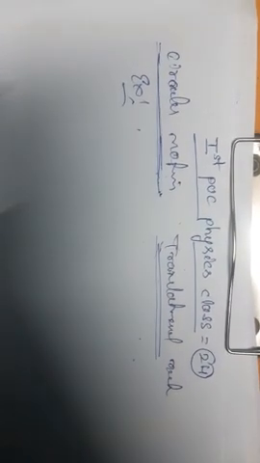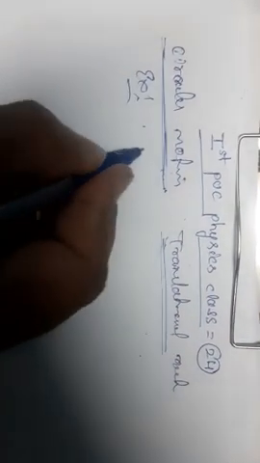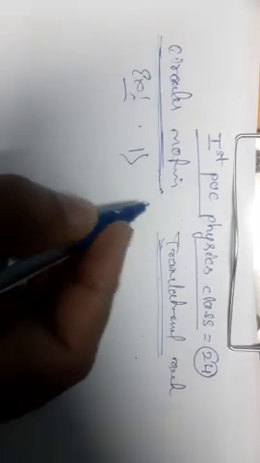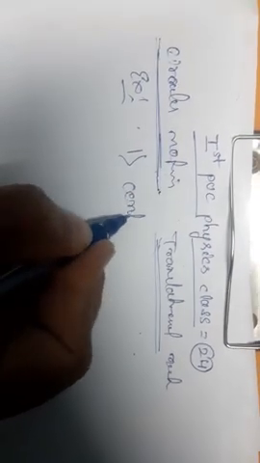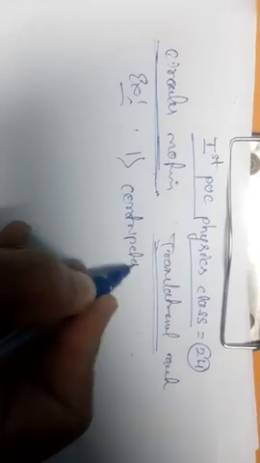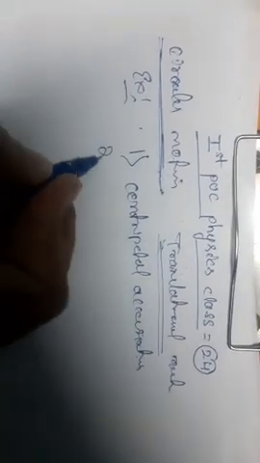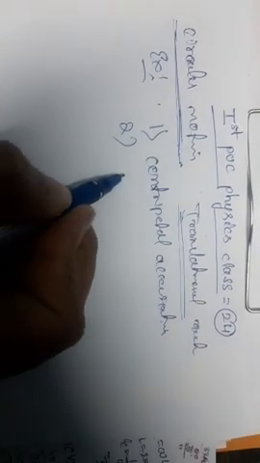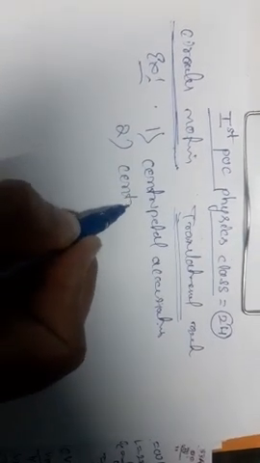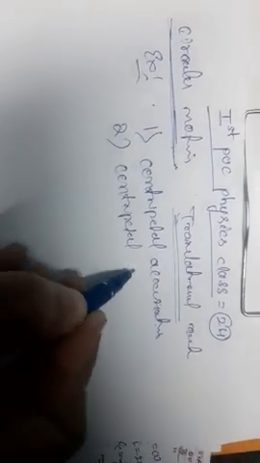There are two different physical quantities that depend on circular motion. The first one is centripetal acceleration, and the second physical quantity is centripetal force. First of all, what is the meaning of acceleration?